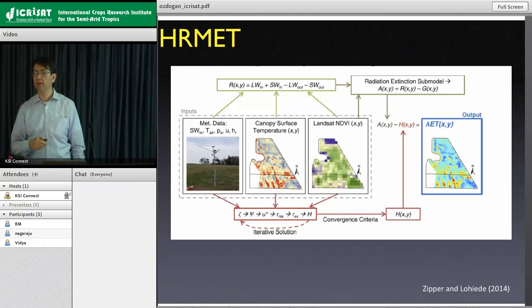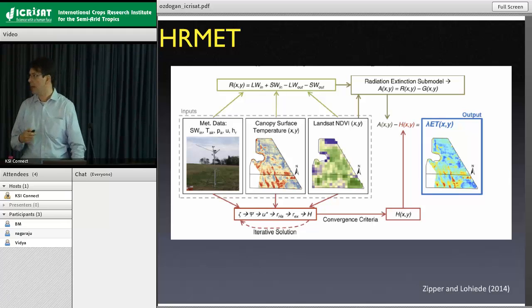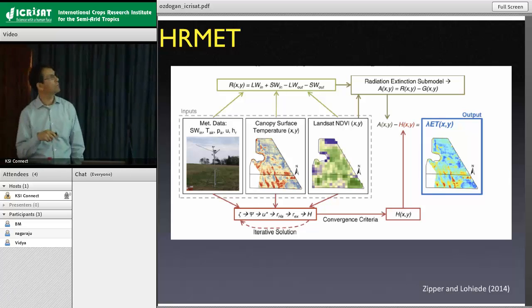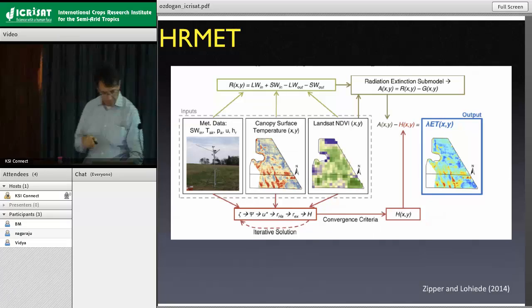It's computationally expensive, but with today's computers with a large number of processors, it's actually not that bad. So here's the approach. You take some meteorological data, surface temperature from satellites or airborne platform, some vegetation index just to figure out how your vegetation is, how high your vegetation is, and then do an iterative solution to this part to come up with an ET as an output.